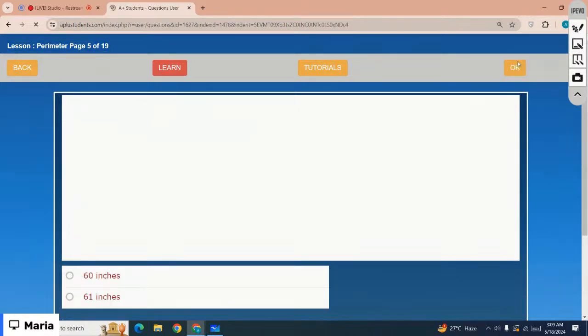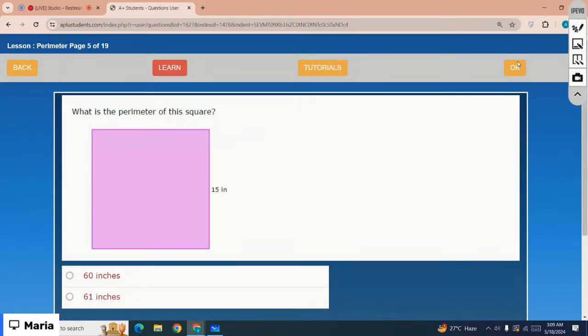Look at the rectangle. What is the perimeter of the square? Which is the correct option?